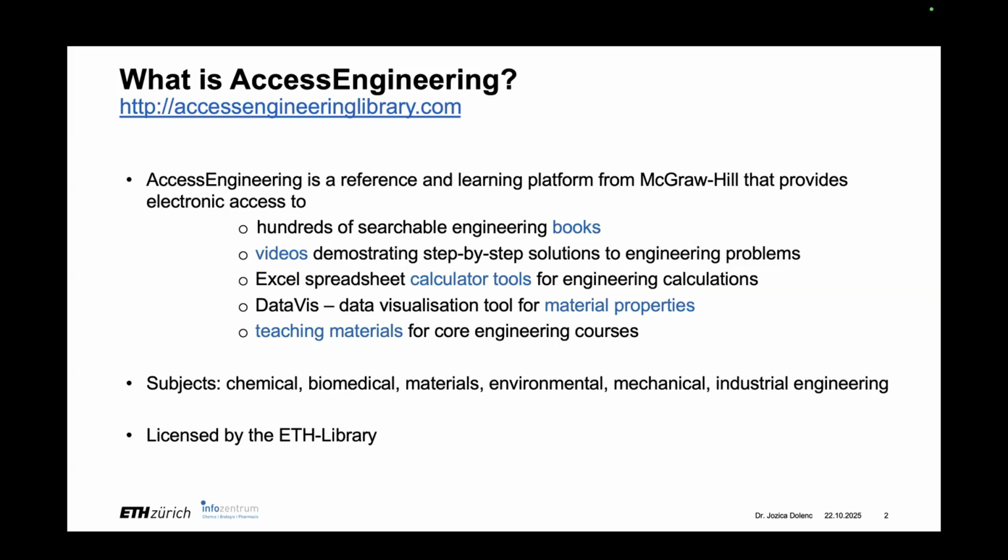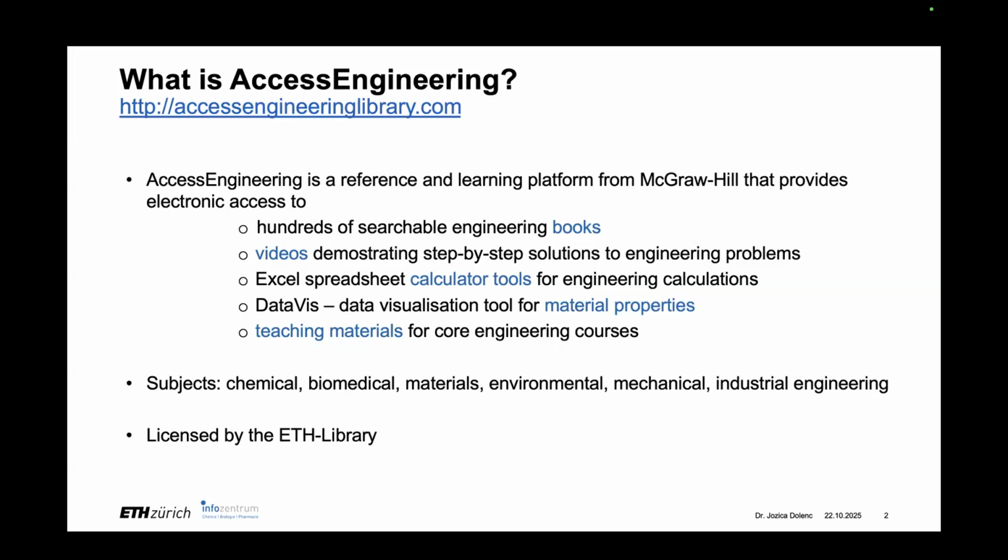Many Excel spreadsheets are also there with calculator tools for calculations. And the very special part is the data visualization tool for materials properties, which I'm going to present shortly also today. Now, if you are a lecturer, there's also lots of teaching materials for core engineering courses.